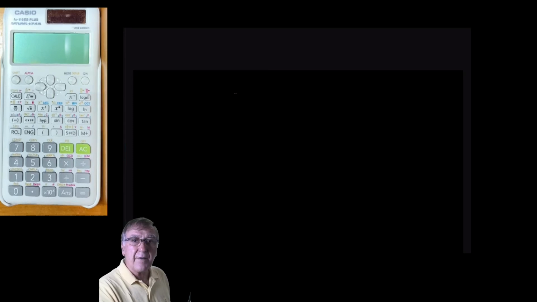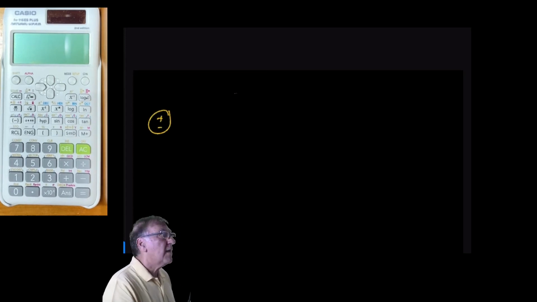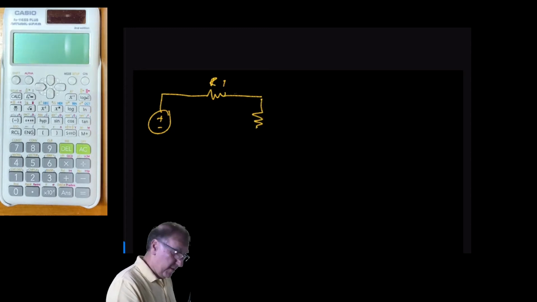Let's look at another example, shall we? Voltage source here, R1, and resistor R3.